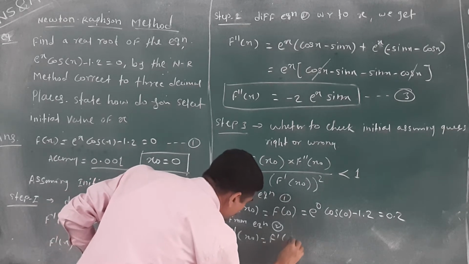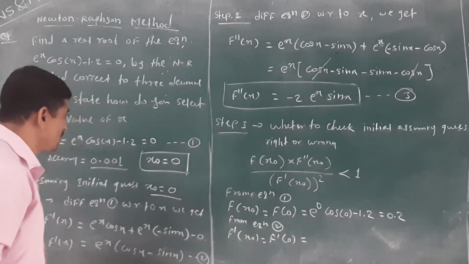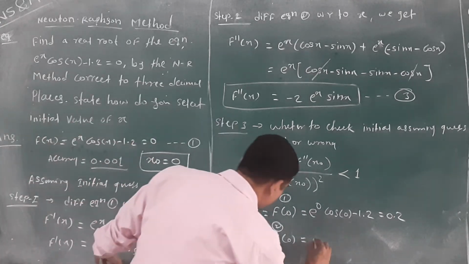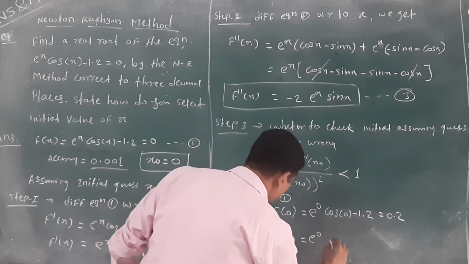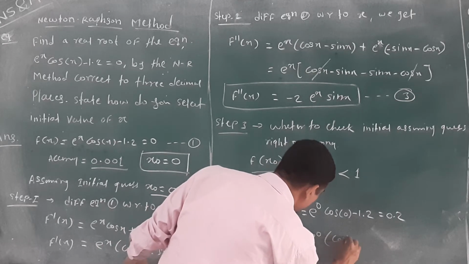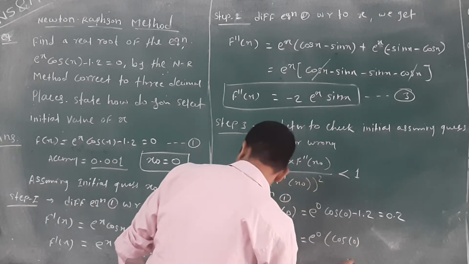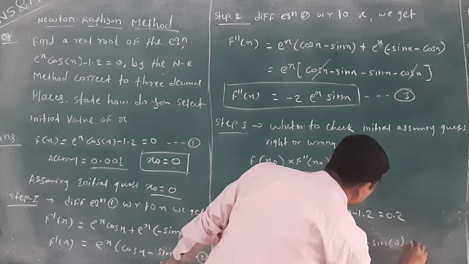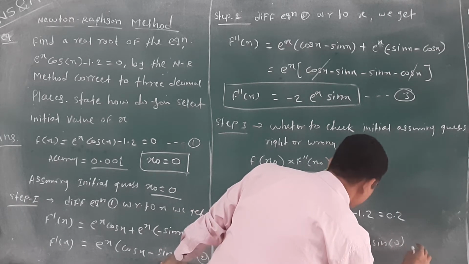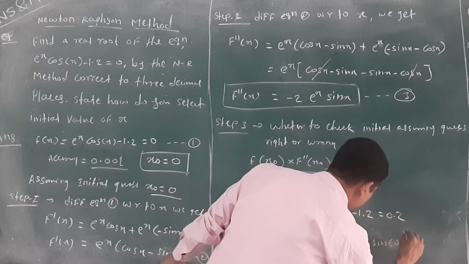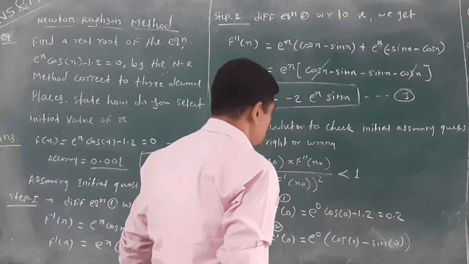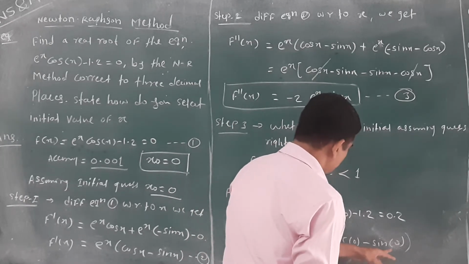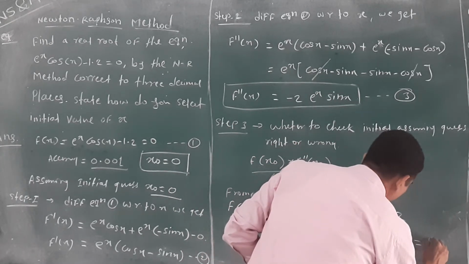f dash of 0 is equal to e raised to 0, then cos 0 minus sin 0. You know the value of cos 0 is nothing but 1, and sin 0 is 0, so you will get the value 1.